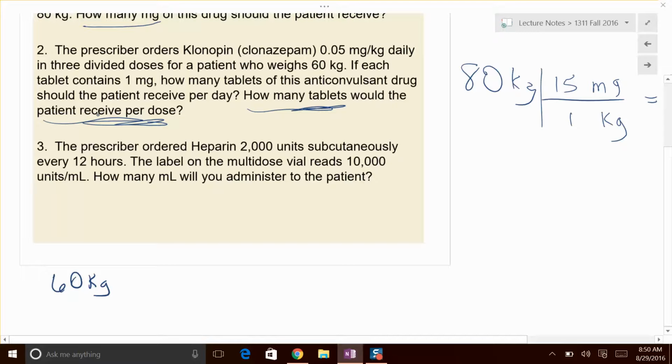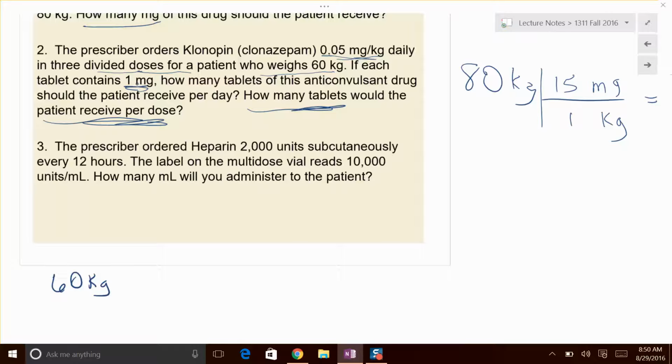So let's see. 0.05 milligrams per kilogram daily in 3 divided doses for a patient who weighs 60 kilograms. Each tablet contains 1 milligram. Okay, so what information are we trying to extract from here?